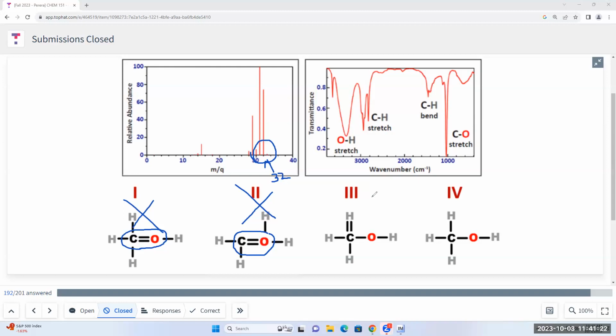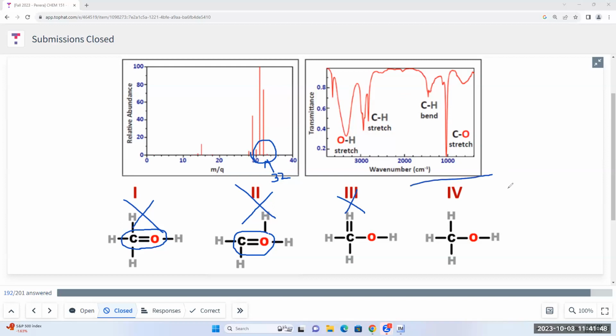Until you take an advanced inorganic chemistry class where you have bridging hydrogens and stuff like that, which you don't in 151, hydrogen can always form only one bond. It cannot form more than one bond. Please remember that. So option 3 is out. Why? We do not have C double bond H bonds in the IR spectrum.